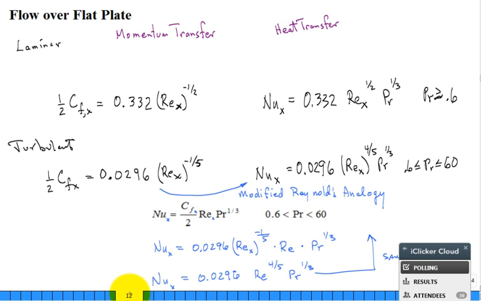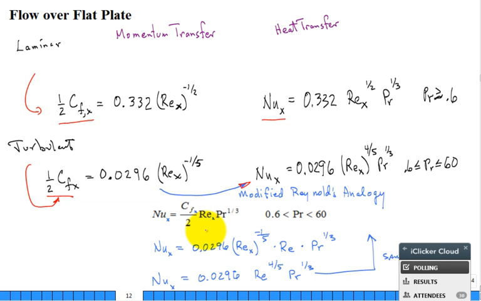Boy, I tell you, there's a lot of correlations, isn't there? So we derived this one from the Blasius. What is it for? The friction coefficient. And also the Nusselt number, local Nusselt number. How about for turbulent? Now, I'm glad a lot of people worked out there before us, made a lot of measurements, and there it is. And what did they do here? What did they use to go into the turbulent region? Basically, they took the modified Reynolds analogy and applied it.